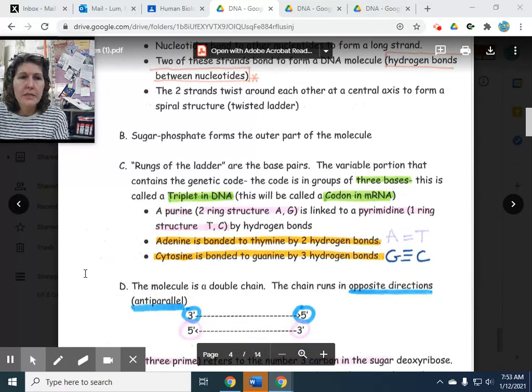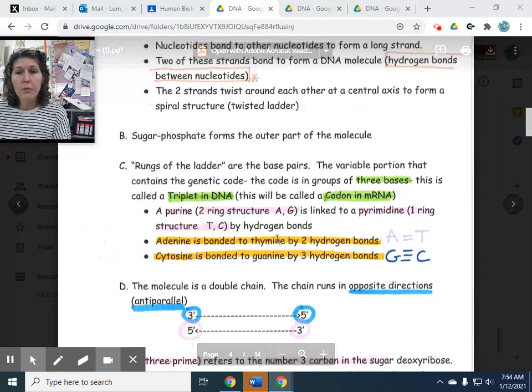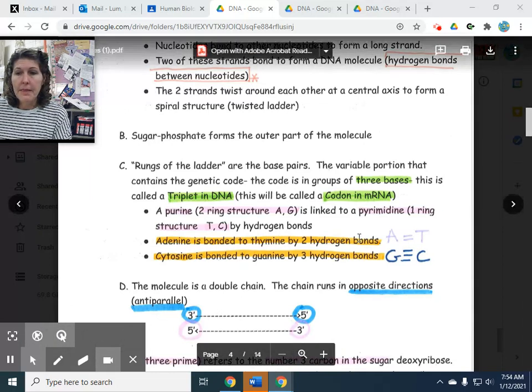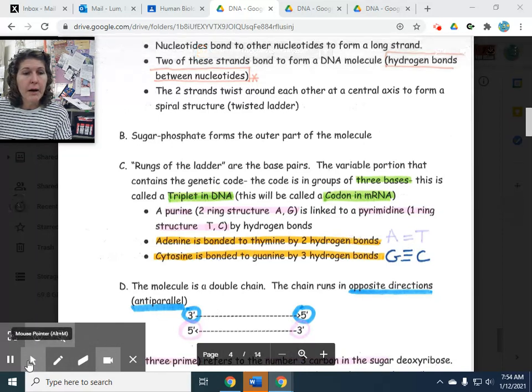So yesterday we talked about purines and pyrimidines. I said you guys will see it more in your notes, so here they are. Purine: double ring structure, adenine and guanine. Your pyrimidine is that single ring structure. And the next page is going to have a little diagram. We'll look at it again and see how we can identify which is which there. We also know that adenine is bonded to thymine, so it's one purine, one pyrimidine, and that is with 2 hydrogen bonds.